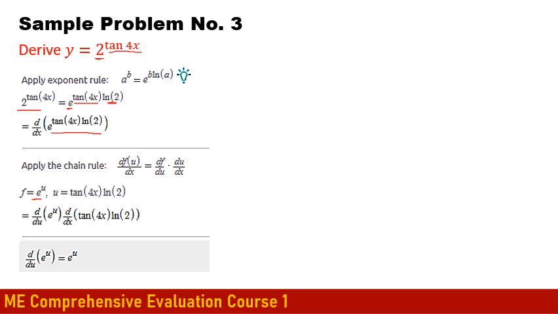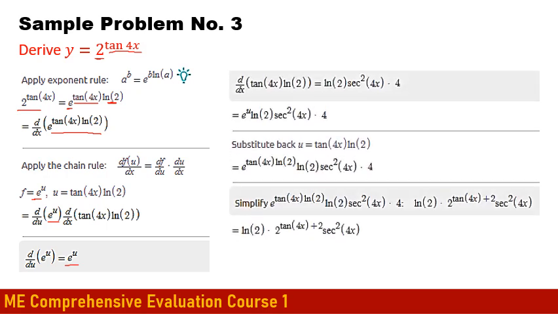So we substitute this value in the chain rule. That's why we have d over du of e^u multiplied by d over dx of our u, which is tan 4x ln 2. Then we know that the derivative of e^u is also e^u. On the other hand, for the derivative of tan 4x ln 2, first we can separate the constant ln 2, because it's a constant, no need to differentiate that part.